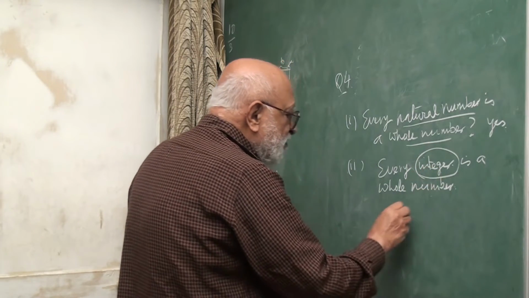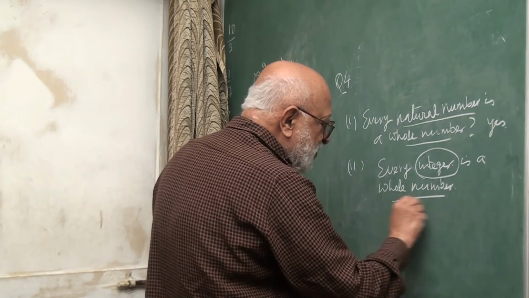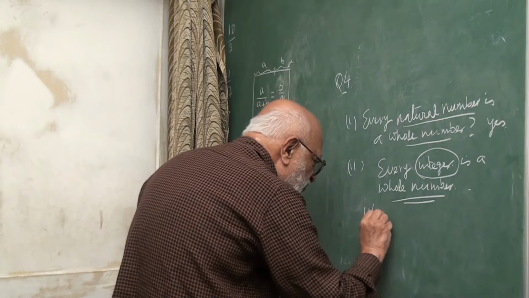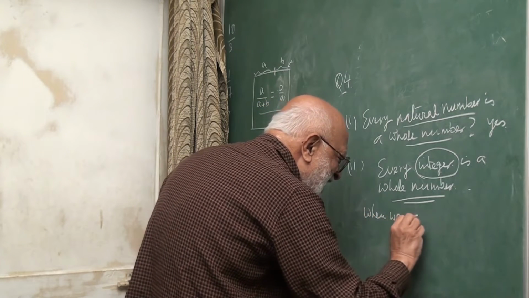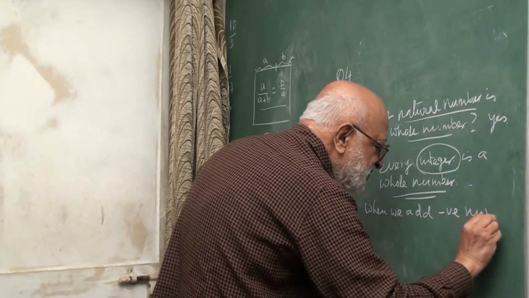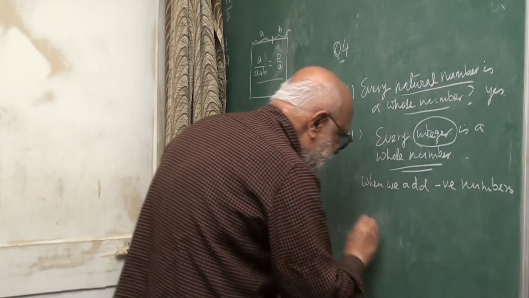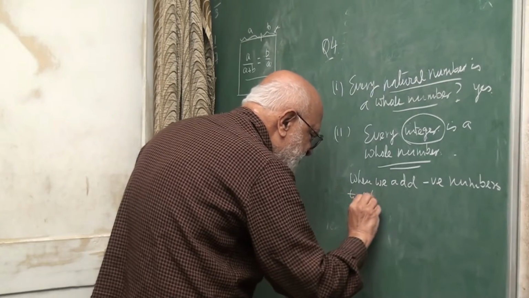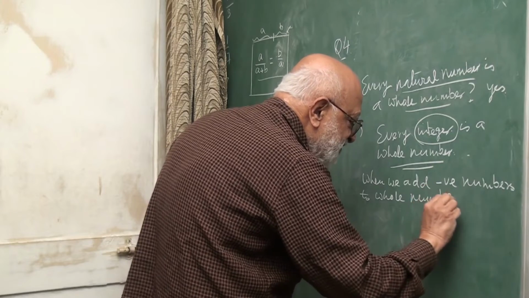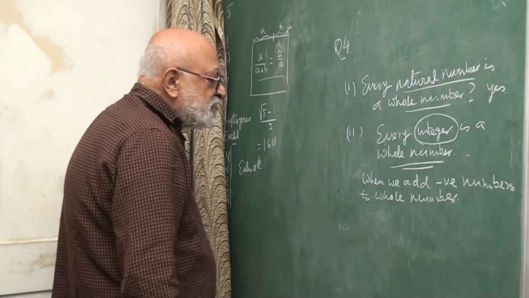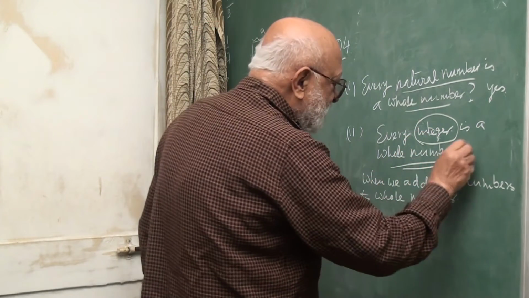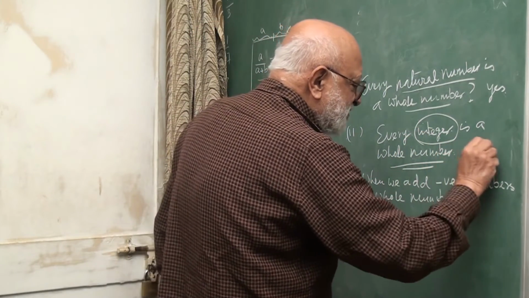Integers come when we add negative numbers to the whole numbers. Right? So how can an integer become a whole number? So this one is false.